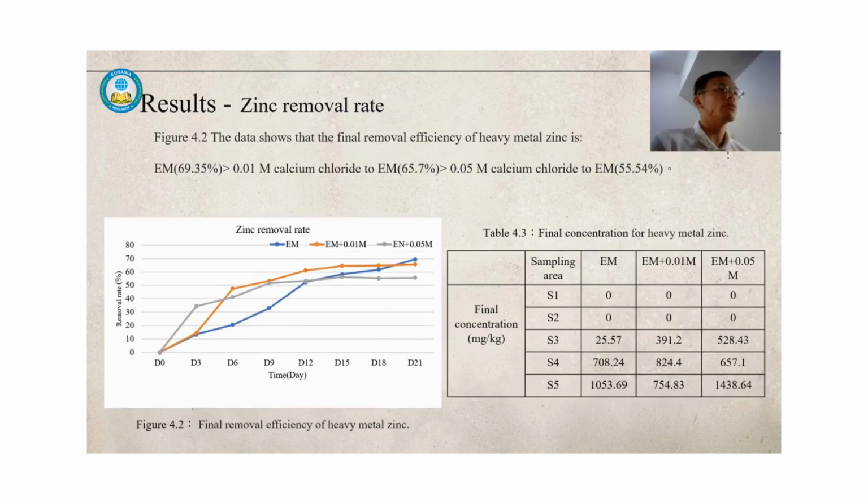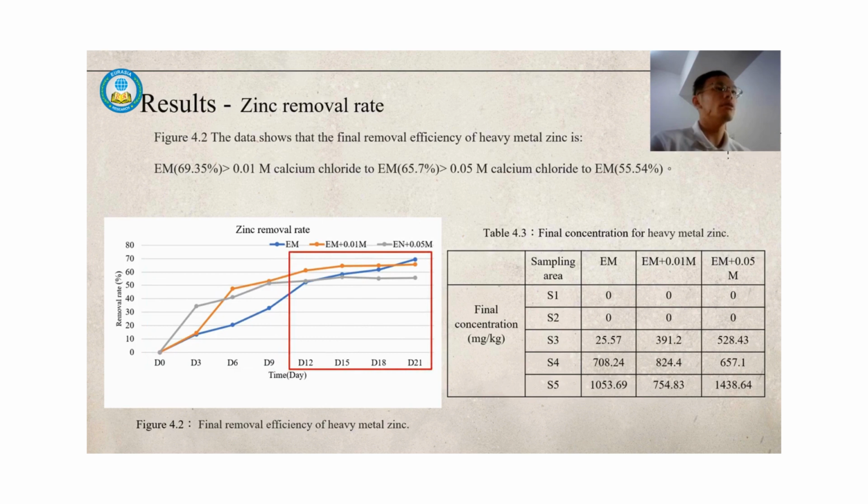The next result is zinc removal rate. Figure 4.2 shows the final removal efficiency of heavy metal zinc. Until day 9, zinc removal is very similar to copper removal. The removal effect of EM is lower than added calcium chloride.